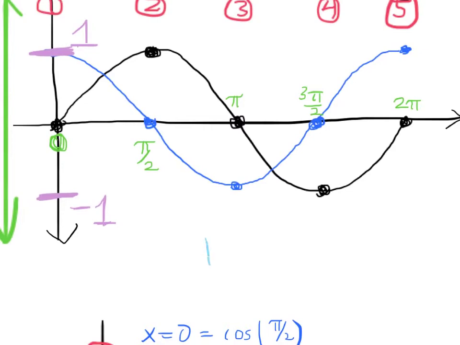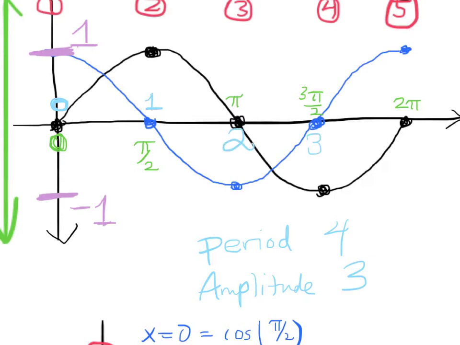Let's say I wanted period 4 and amplitude 3. Well, all I've got to do is say, okay, this is 0, this is 1, this is 2, 3, and 4. And now I have a period of 4.